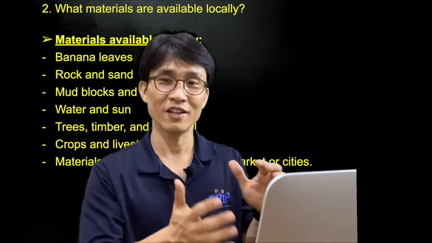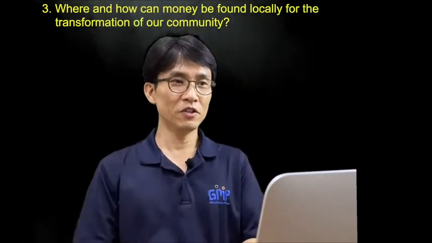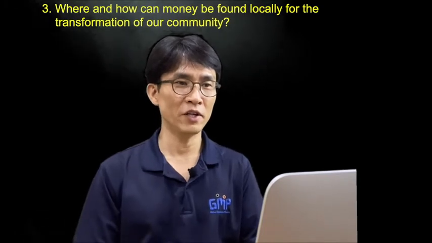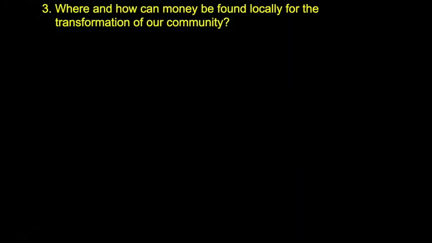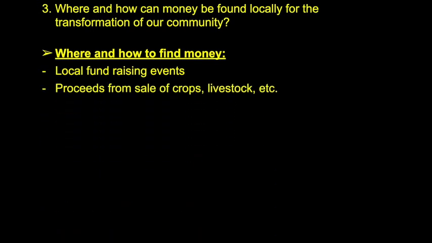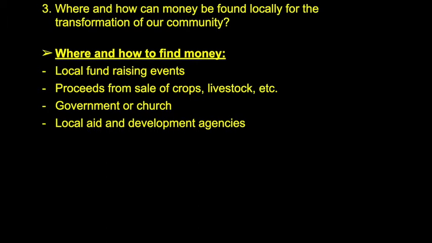Yes, it's local. And number 3, where and how can money be found locally for the transformation of our community? Local fundraising events, and proceeds from the sale of crops, livestock, etc. And government or church, and local aid and development agencies, outside aid and development agencies.